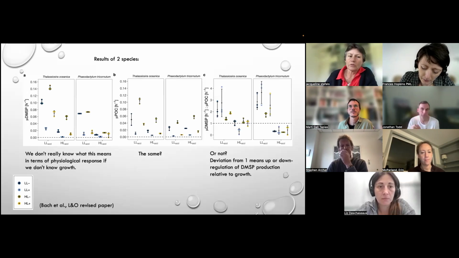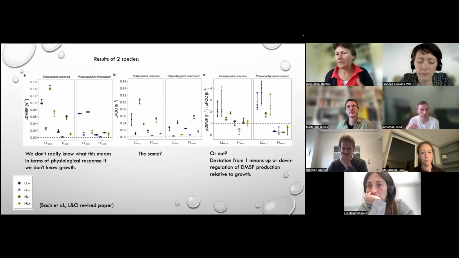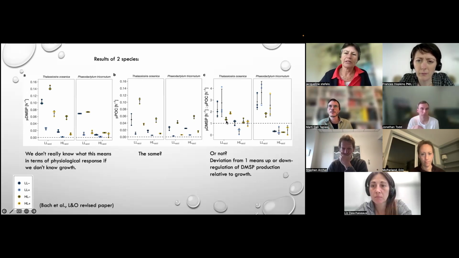If you plot here on the right the ratio of the mu DMSP relative to the mu growth, that means that if it were to be 1, then there is no up or down regulation. But they were actually different. So maybe there is something.